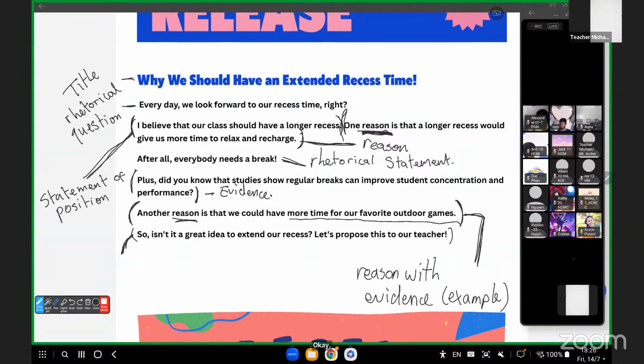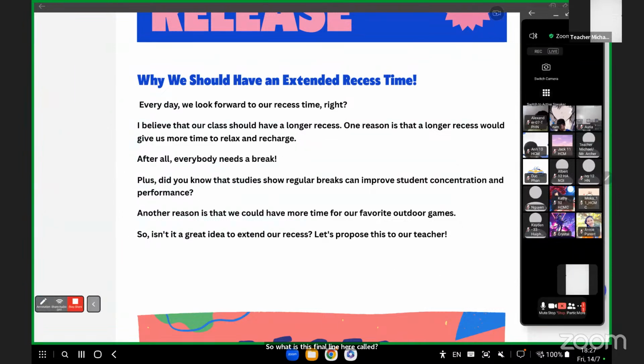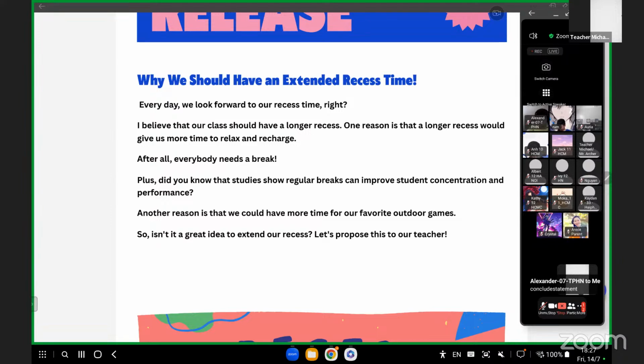So what is this final line here called? Oh, there we go.